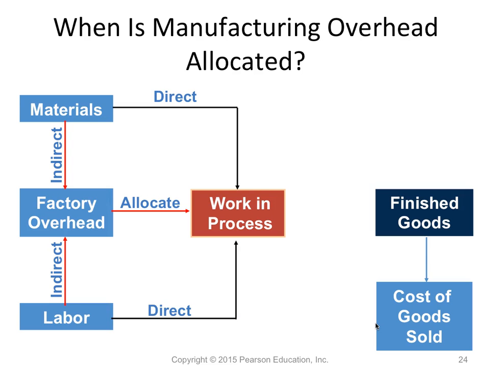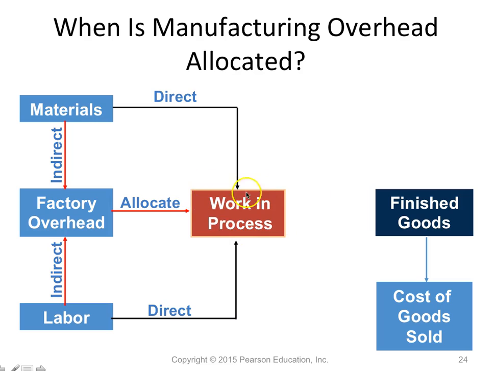So at what time is manufacturing overhead allocated? Okay, here we go. The left side is the overhead. We have indirect materials, indirect labor, and factory overhead, because factory overhead comes from indirect material and indirect labor. These are all being allocated into work in process.